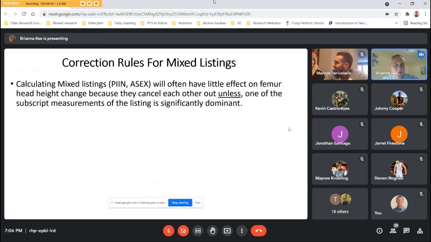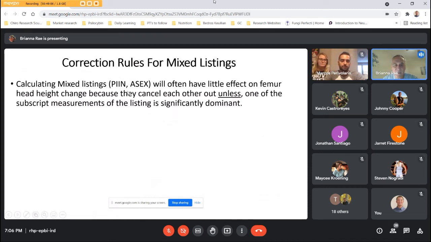All right, so this is a good little side rule to remember. When you're calculating a mixed listing, like a PIIN or an ASEX, if the subscripts are similar, so let's say you have a PI5, IN5, then little effect happens at the femur head height because they cancel each other out, unless one of the subscripts is significantly larger or dominant over the other.